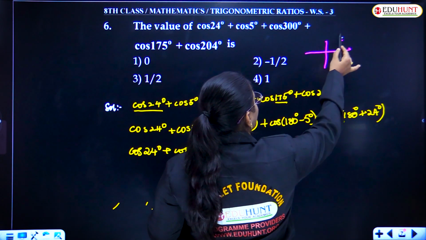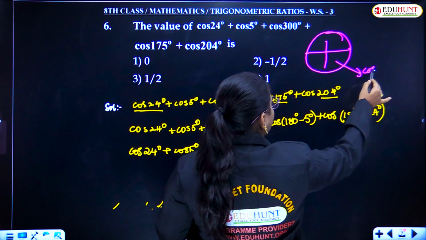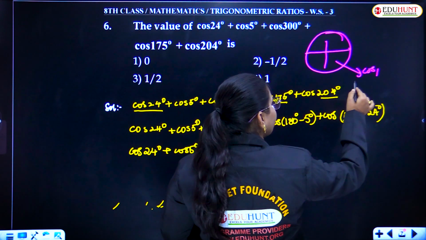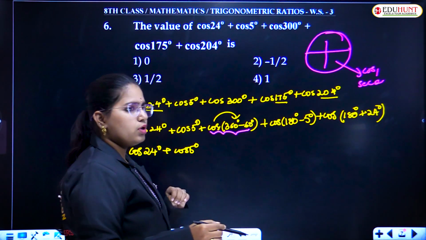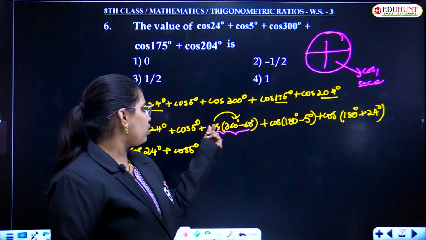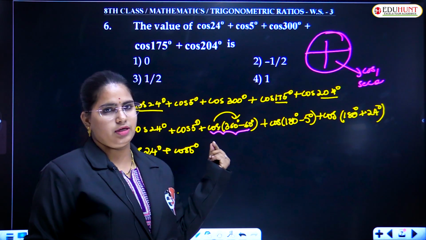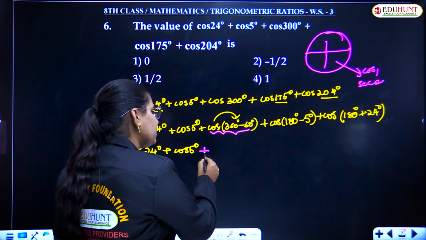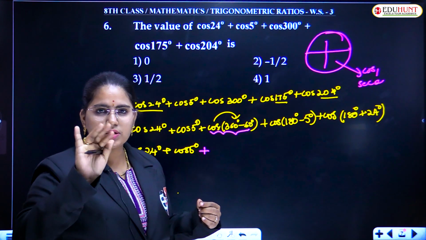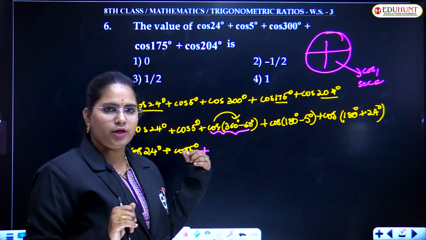In the 4th quadrant, which trigonometric ratio is positive? It is cos, and the reciprocal function of cos is secant. So cos of 360 minus theta becomes cos theta. Do I have to write plus or minus? It is plus only, because cos remains positive in the 4th quadrant.